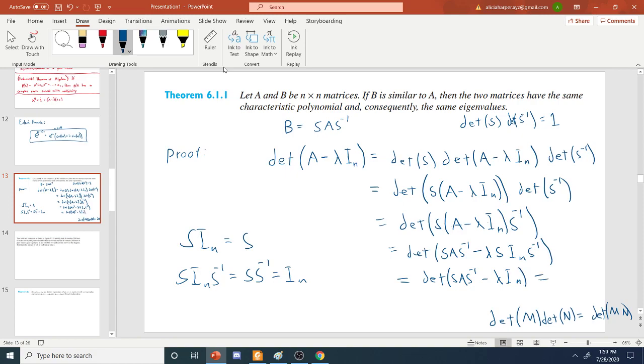But we know that B is equal to S A S inverse. So this is equal to the determinant of B minus lambda I_n.